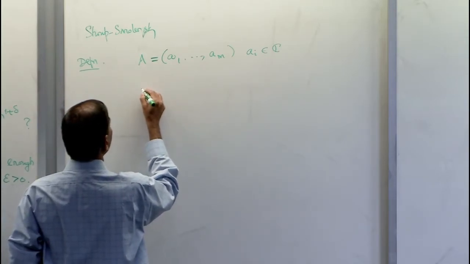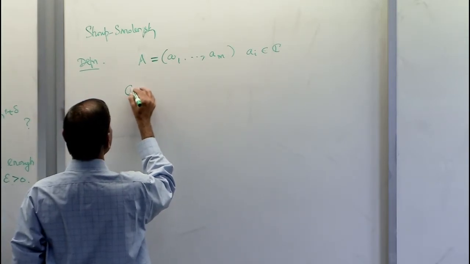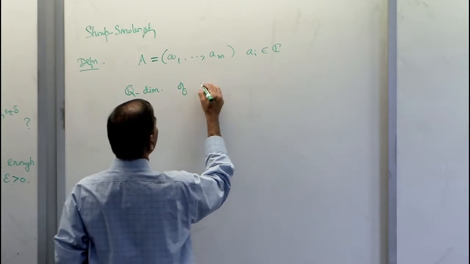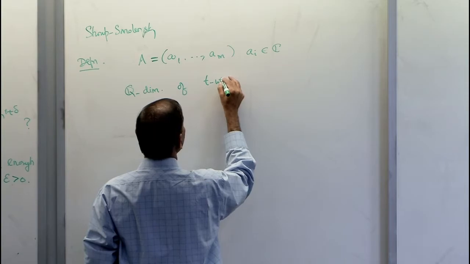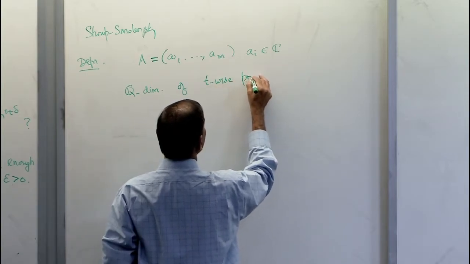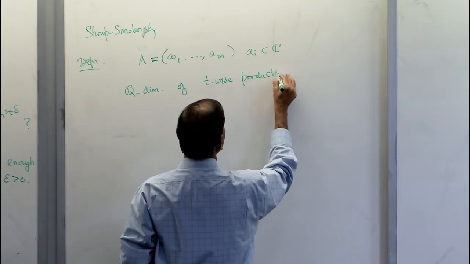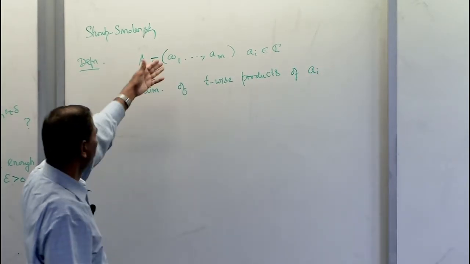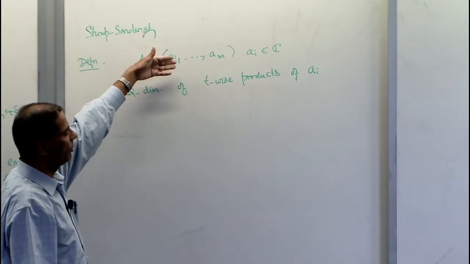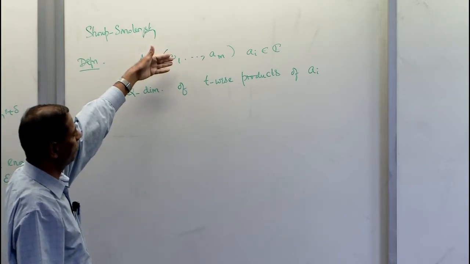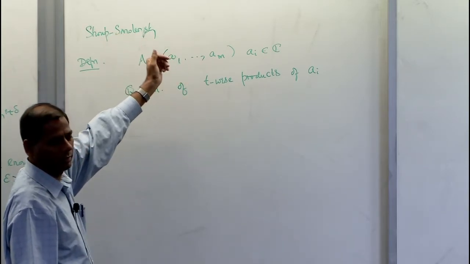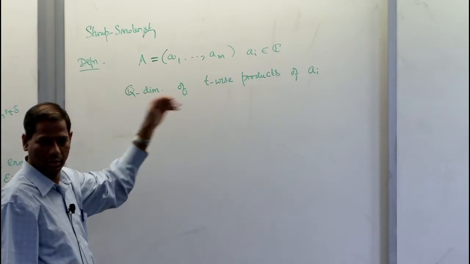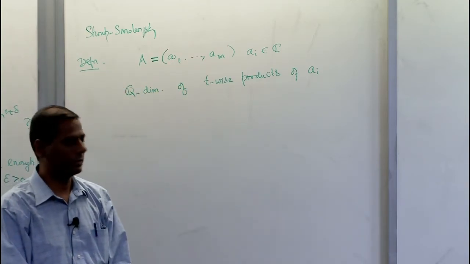Now what we are going to do is take some distinct t elements of the sequence, multiply them, that's a complex number, think of that as a vector over the rationals, and then look at the span.